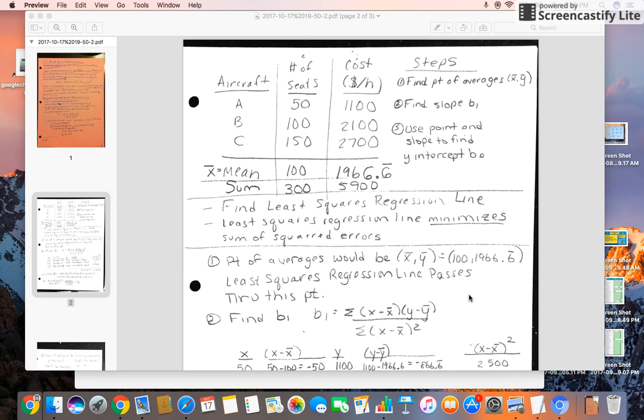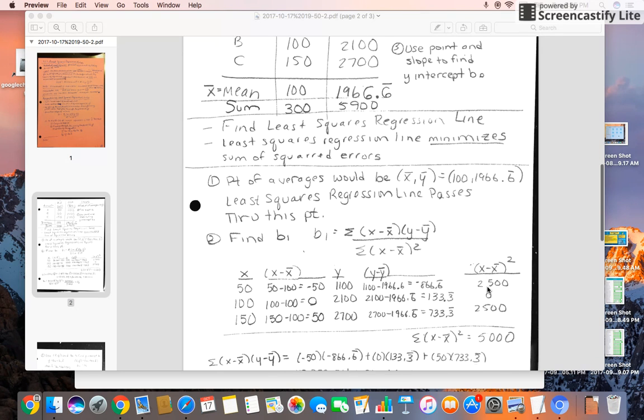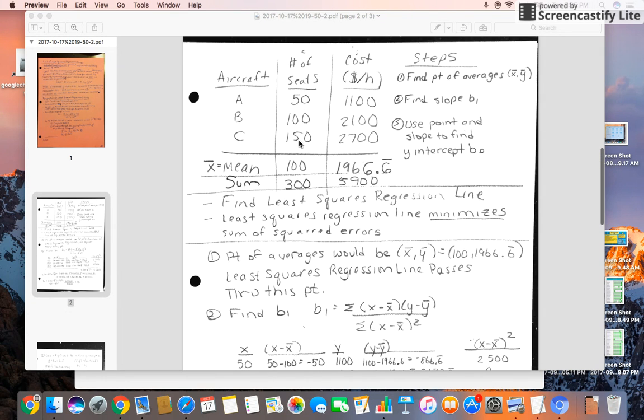Now things get definitely more complicated when we're trying to find B1, because B1 is the sum of these x's, each x minus your x bar times each y minus y bar.